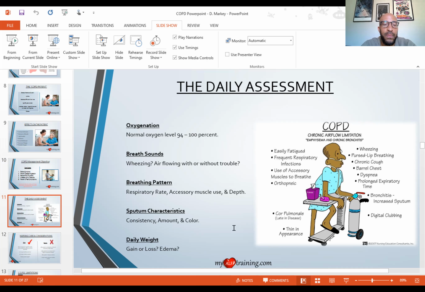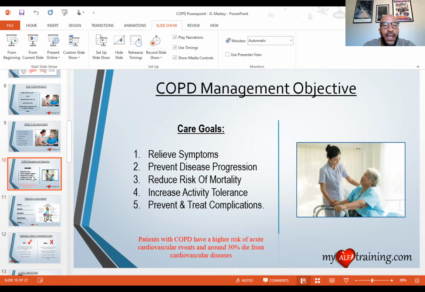This is also important for patients with COPD. We need to know whether they're gaining or losing weight because this could be an indication of edema that's developing with these patients because patients with COPD, as I said in the previous slide, are more prone to develop acute cardiovascular events.